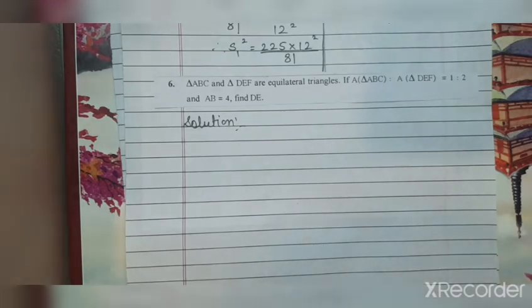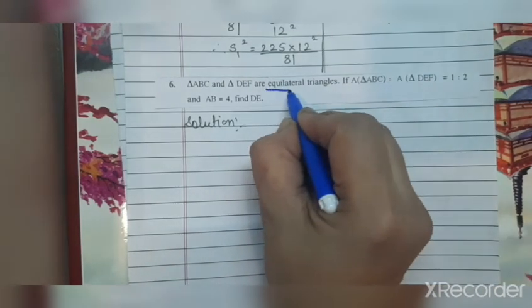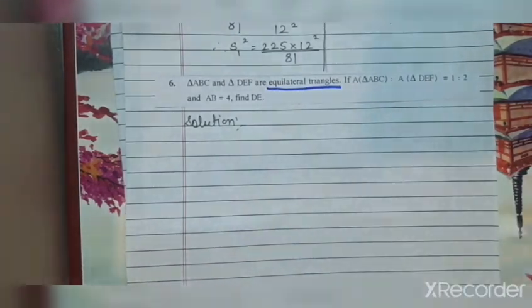So what do you think? The triangles are not given similar. But there is one thing what is given, that is the triangles are equilateral triangles. Can we use this given information to prove the triangles are similar?